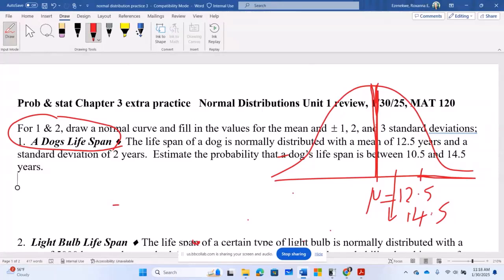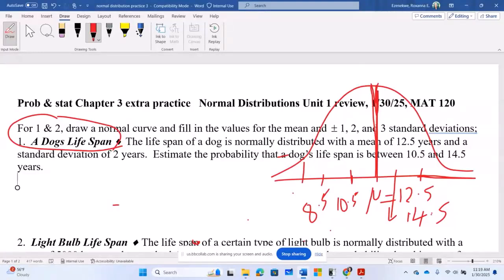If a dog is 10.5 years, in other words, the mean minus 2, then that dog is 1 standard deviation below the mean. If a dog is 8.5 years, 2 standard deviations below the mean. If a dog is 6.5 years, 3 standard deviations below the mean.